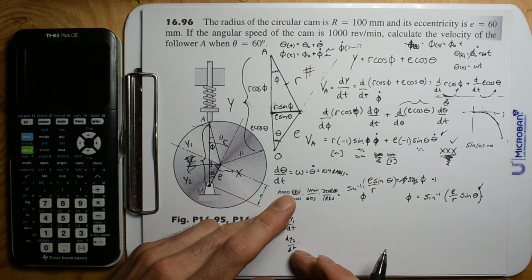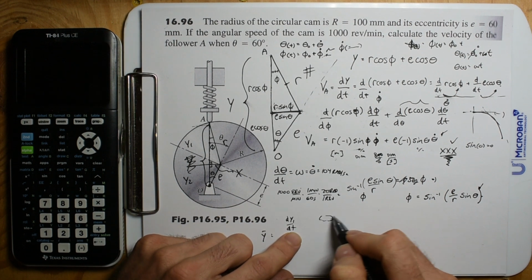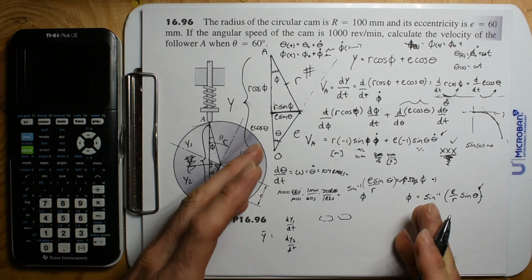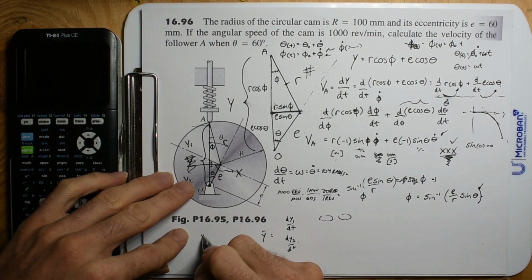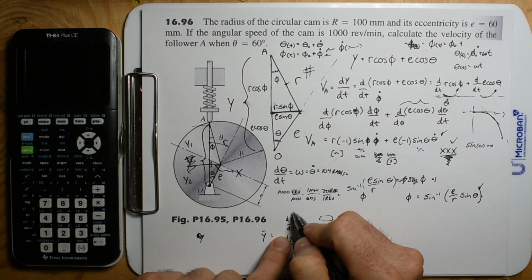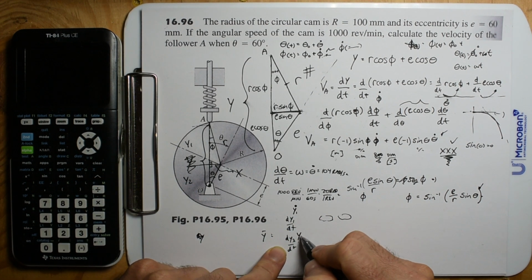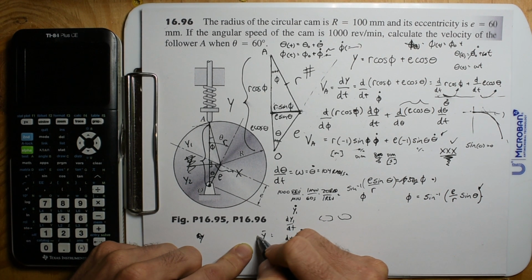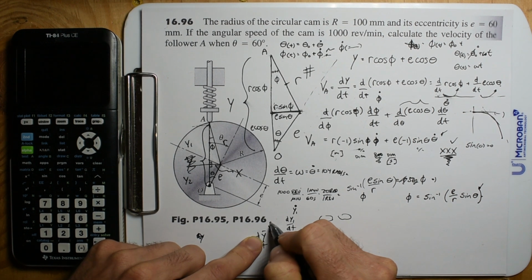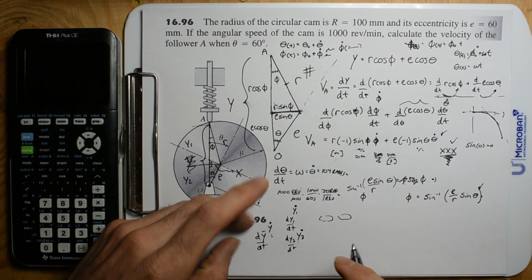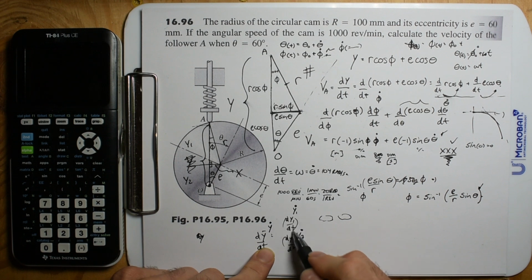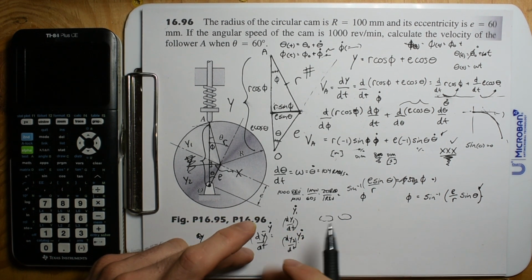For whatever reason, these got caught up into other equations, and I could never get them back. So this is just going to be y1 dot, y2 dot, and dy dt is just y dot. Doing the dots is really easy because you don't have to write the derivative of y dt.